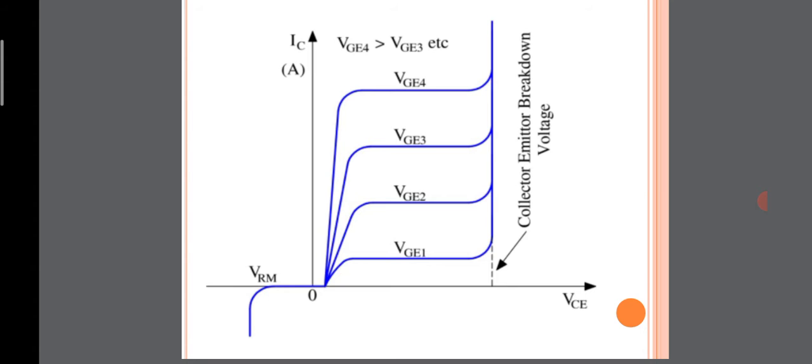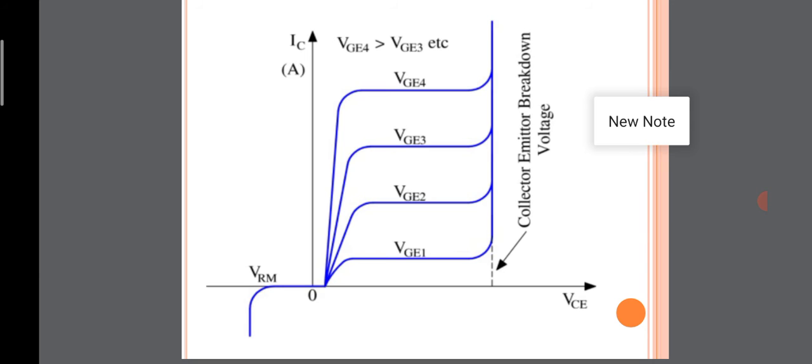It is basically a plot of collector current IC versus collector emitter voltage for various values of gate emitter voltage VGE. The points to be noted from these VI characteristics are: first, when the device is forward biased, the shape of the output characteristics is similar to that of BJT. However, the controlling parameter in case of IGBT is VGE, as it is a voltage controlled device.